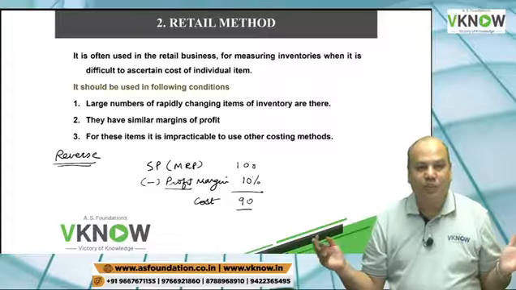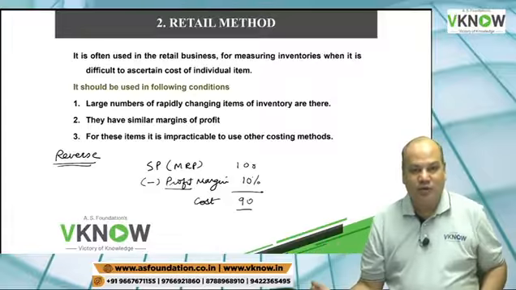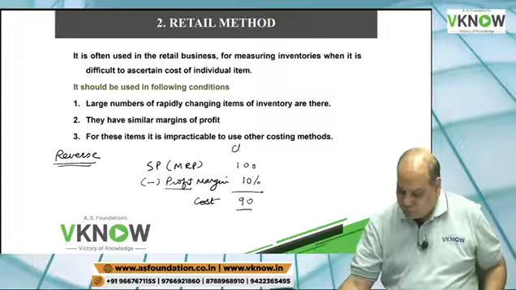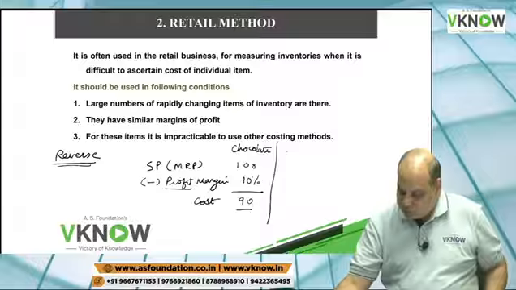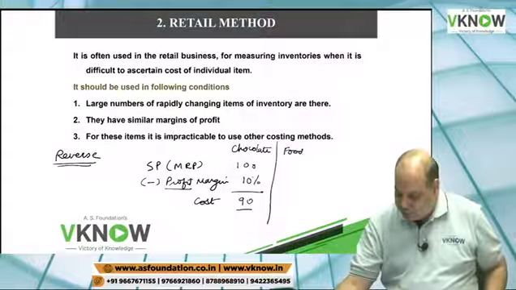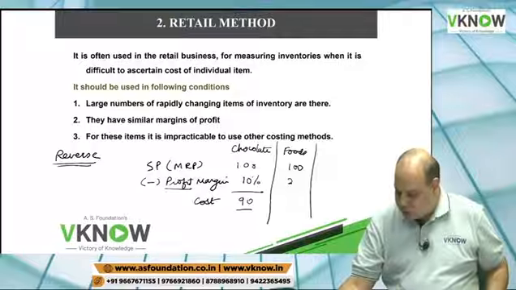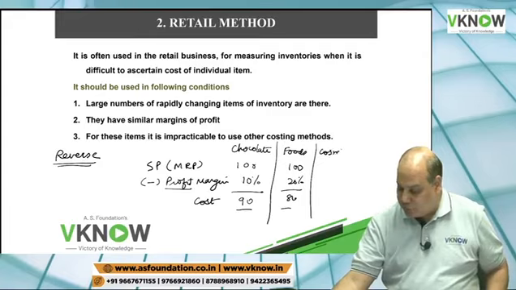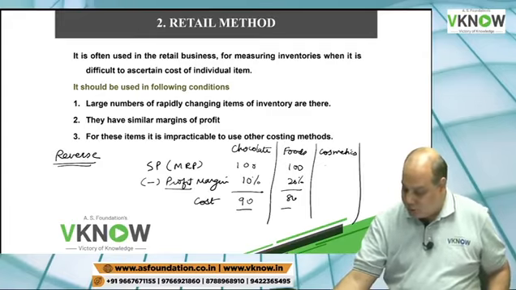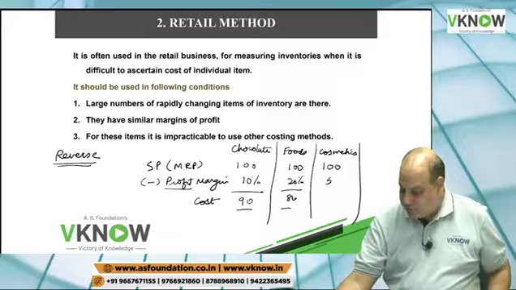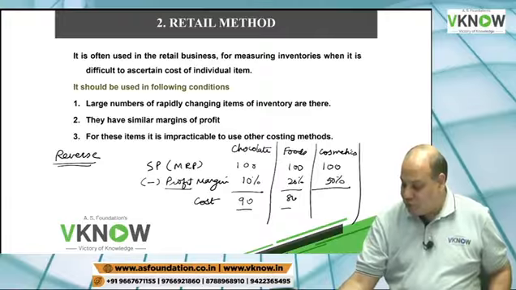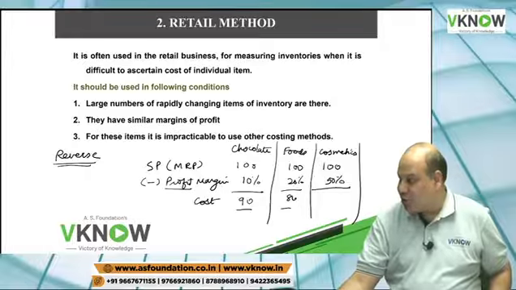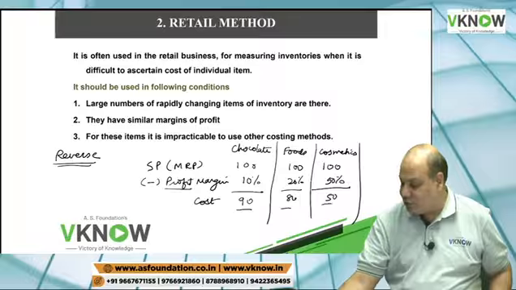If suppose you have multiple products with different margins, for example, let's say chocolate items, not much margin. Then you may have food items where the margin is 20%. All food items, deduct 20%. Then suppose you have cosmetics. People are willing to pay a lot of amount for getting a better updated face. So margin is more in cosmetic items, so cost is 50.